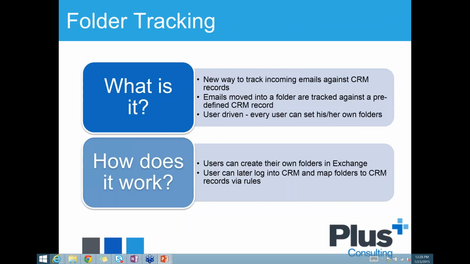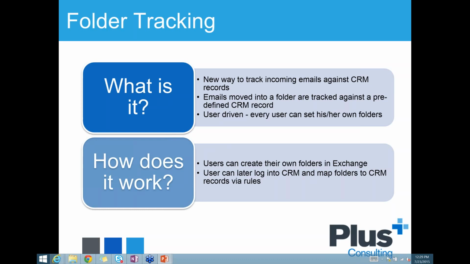Then we're going to talk about folder tracking. Folder tracking is another neat feature that they've added that allows users to track incoming emails against CRM records. The way this is set up is you create these folders in Exchange, and every user does this. This is a user-driven functionality, so this is not set up by the administrator.